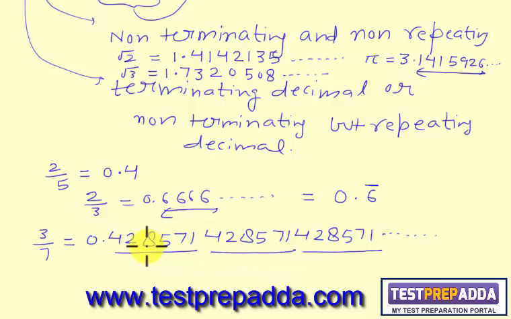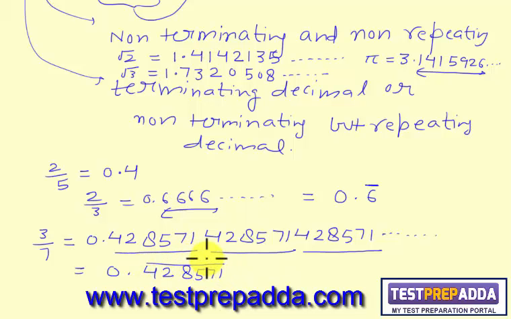So the decimal part is repeating. So we put this in the category of rational numbers. And if we want, we can write this as 0.428571, and we use over bar. This indicates that this is repeating.